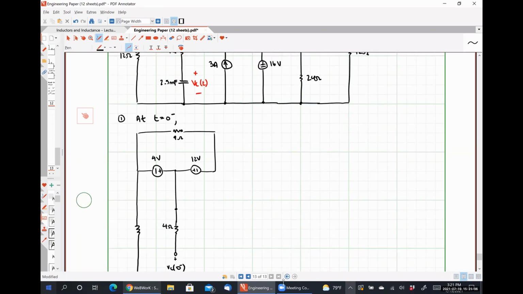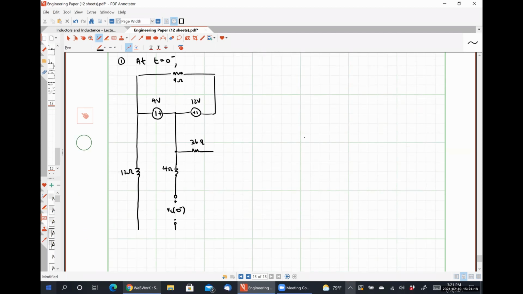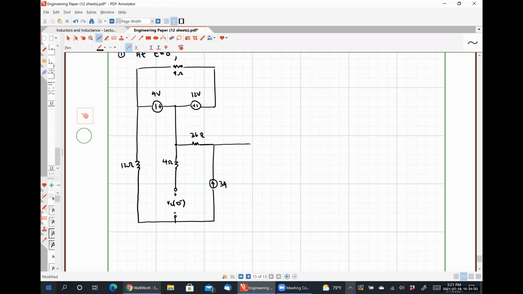Then we have a 12 ohm resistor goes there, a 36 ohm resistor goes here, a 3 amp source in parallel with a 16 volt source.